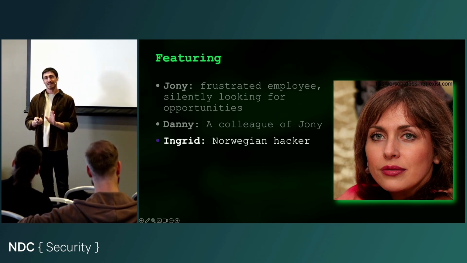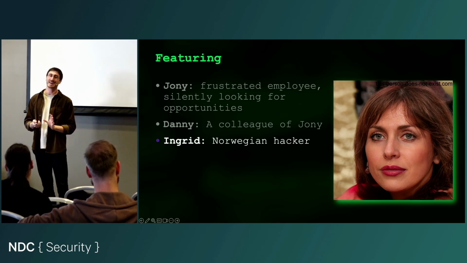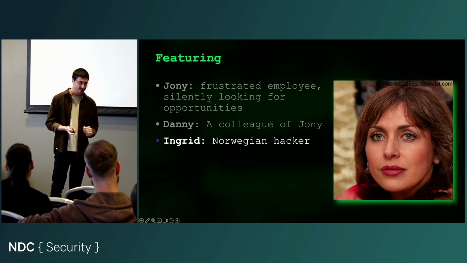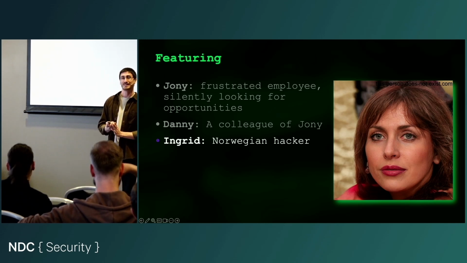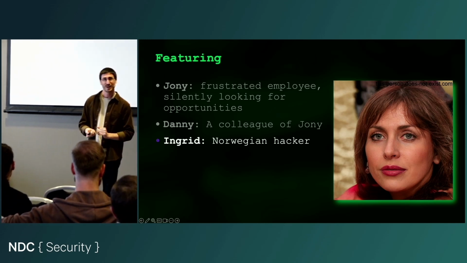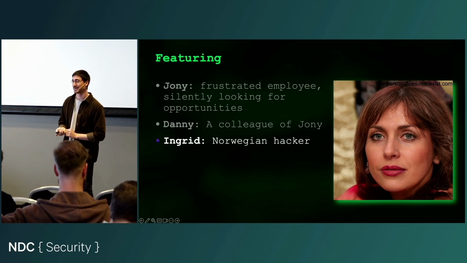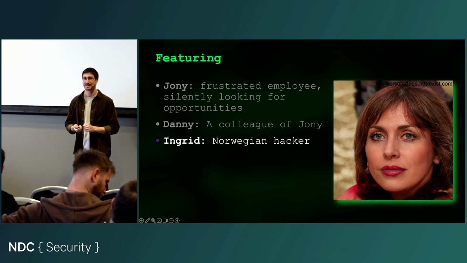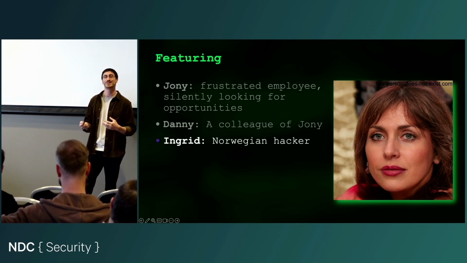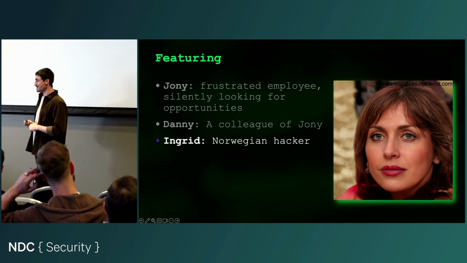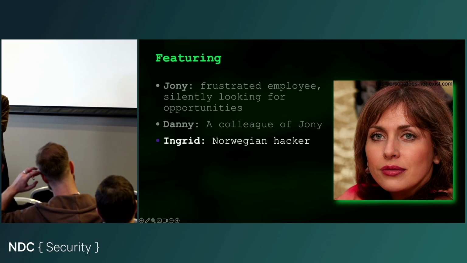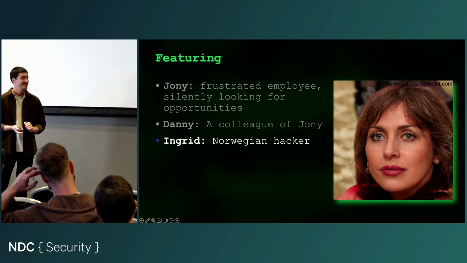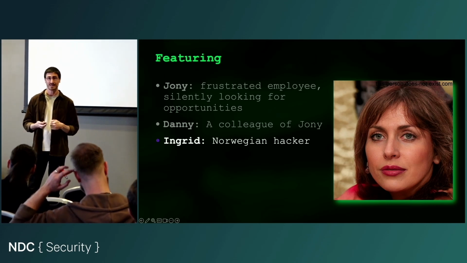Now, Ingrid has got to be informed that Johnny is looking for a job opportunity, so she thinks it would be great to take advantage of this human vulnerability, something that she can socially exploit. So this is what she does, and she's also a hacker, not only a social hacker. She looks up Google for reverse shells.